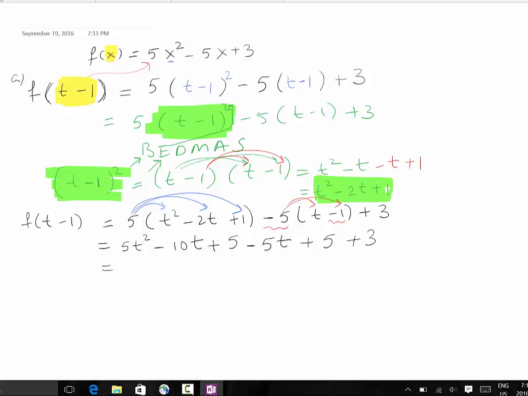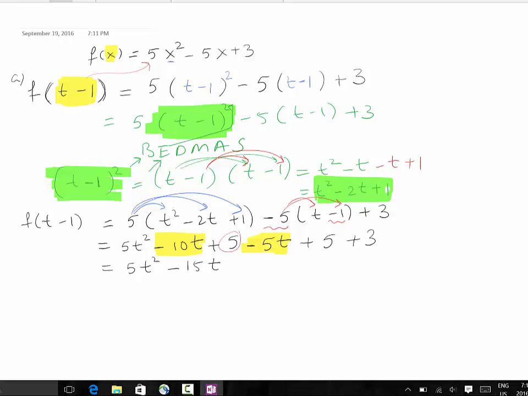There's only one term that contains t squared, so we're going to leave that alone. And then there are two terms that contain t. I'm just going to highlight those. There are two terms that contain t, these two terms, so let's collect them. Negative 10t minus 5t will be negative 15t, and then you're left with the constants.